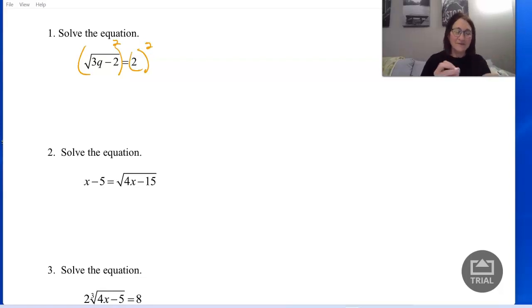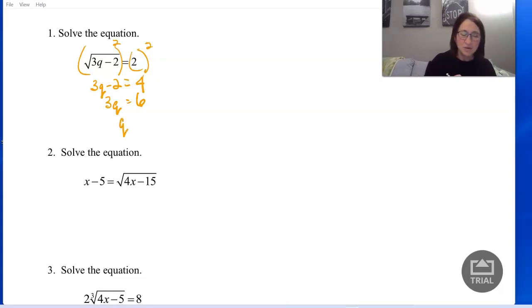On the left side of my equation, I get 3q minus 2. On the right side, I get 4. Now I just solve this equation. Add 2 to both sides, so I get 3q equals 6. Divide by 3, q is equal to 2.